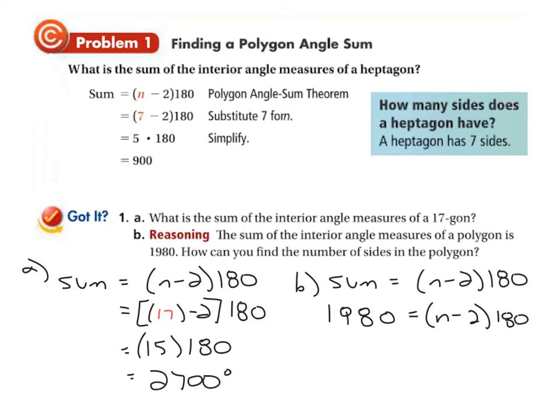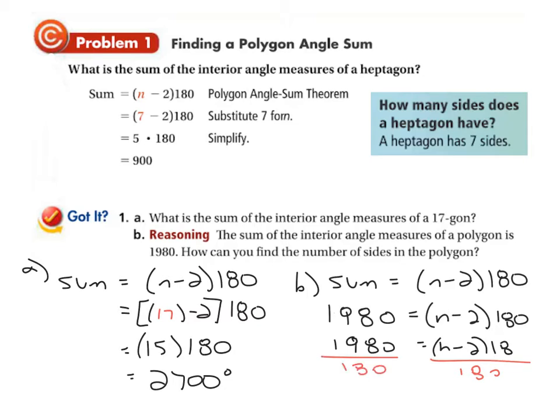And then if we want to solve this, we can divide both sides by 180, like that. I'll do it in red so you can see it. Divided by 180.